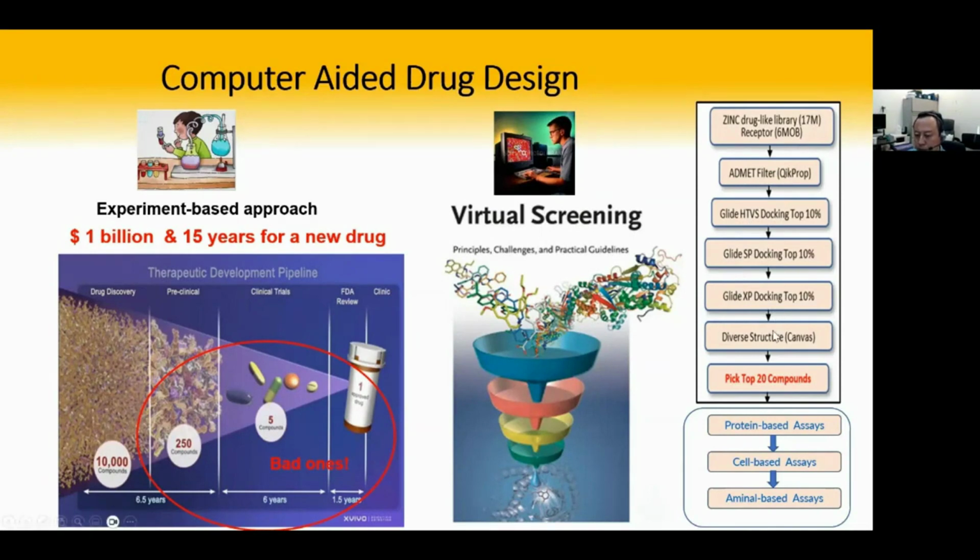And then we do clustering of the candidates to diversify the molecular scaffolds. And then we pick compounds, and that smallest set of compounds can be subjected to experimental testing. So in this way, we fully incorporate computation into the workflow of drug discovery.